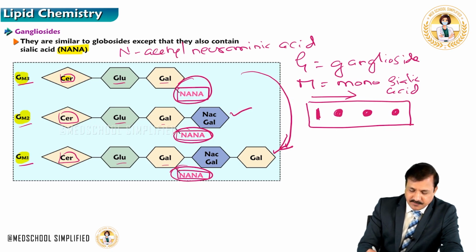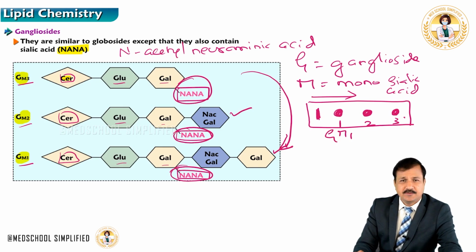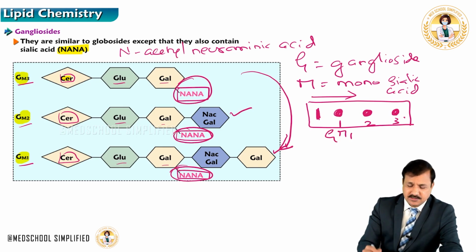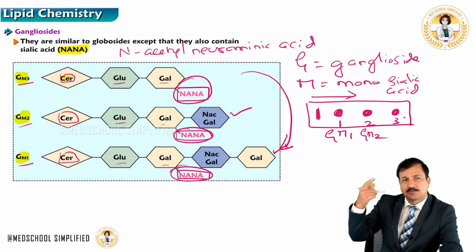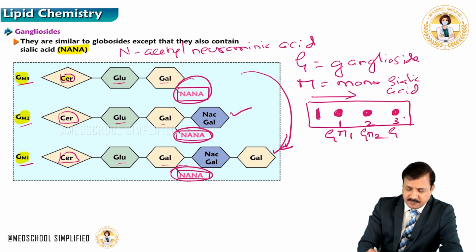So the bigger molecule not moving much is GM1 ganglioside, the next simpler molecule is GM2 ganglioside, and the smallest one is GM3.